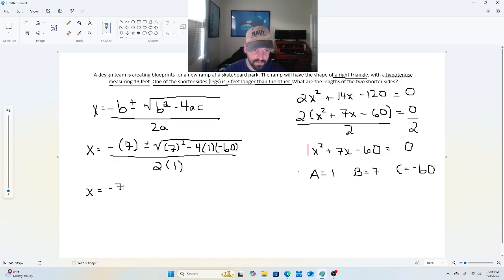So we have negative 7 over 2 plus or minus, and then we're going to evaluate this part. This is going to be 49 minus 4 times 1 is 4 times negative 60 is negative 240.